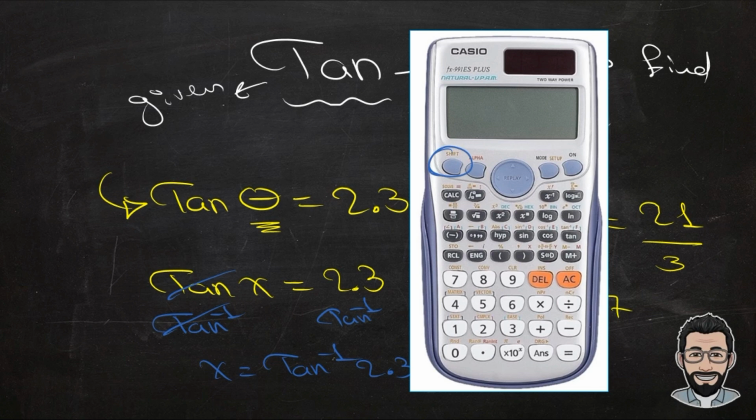You're going to press shift first, then tan, because above it you have tan -1. Then you're going to write 2.3 equals, and you're going to find the answer is about 66 degrees.